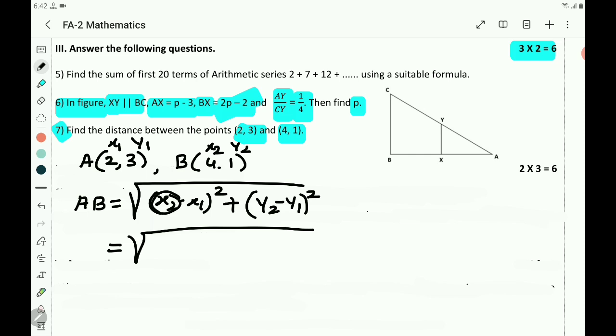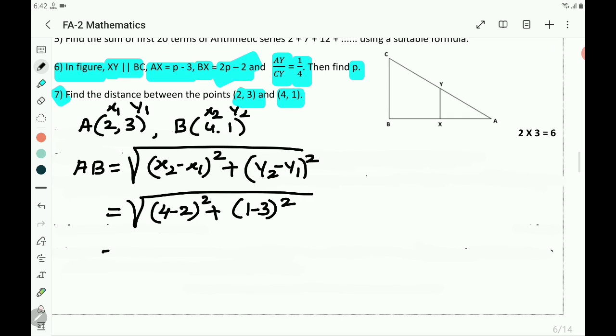In the place of x2, write 4, and in the place of x1, write 2. So x2 minus x1 is (4 minus 2) whole square, plus you write. Then y2 minus y1, y2 is 1, y1 is 3. y2 minus y1 means (1 minus 3) whole square.